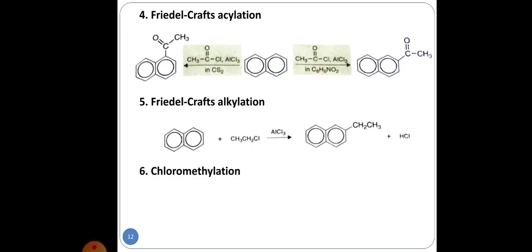So here I am repeating, naphthalene undergoes alkylation with alkyl halides, except the methyl halides, which do not undergo the reaction, in the presence of aluminum chloride to give 2-alkyl naphthalene.